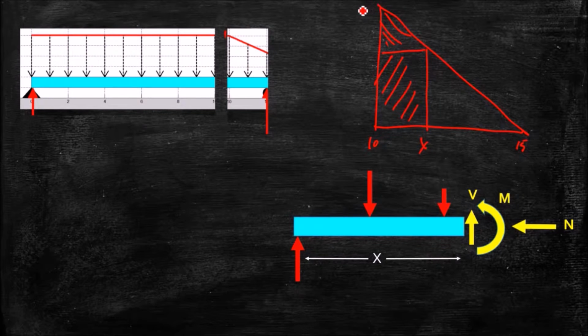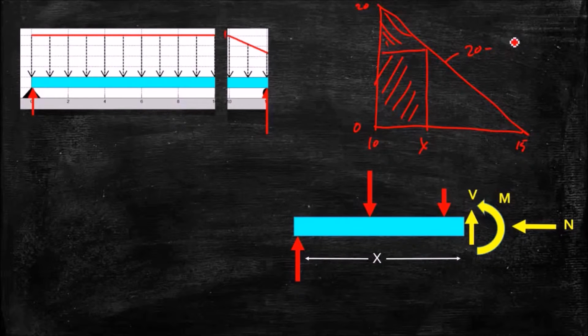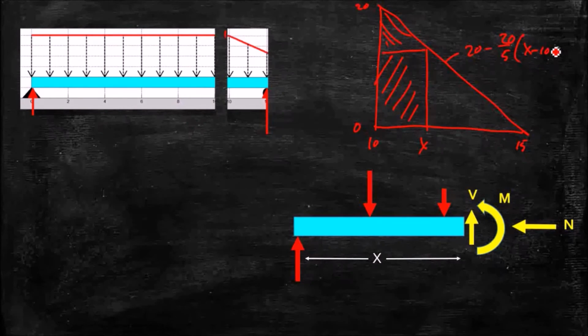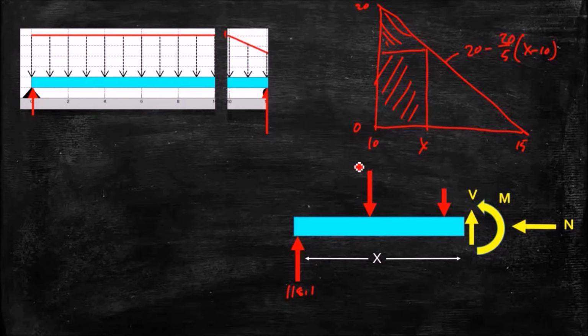The top of this triangle is 20, the bottom is 0, and this line which defines the end, we can determine the equation for that is 20, the initial value, minus 20 over 5, the slope, times x minus 10, which is the distance from the left edge. And on our free body diagram, we already know this is 118.1. We know that this force here is 200 newtons, and it's at a distance of 5 meters.